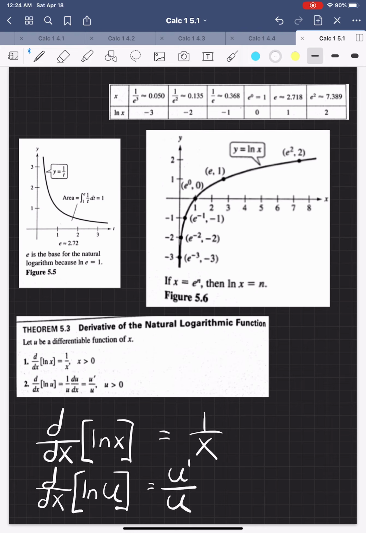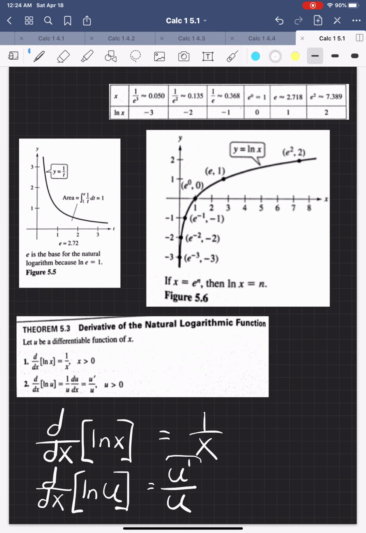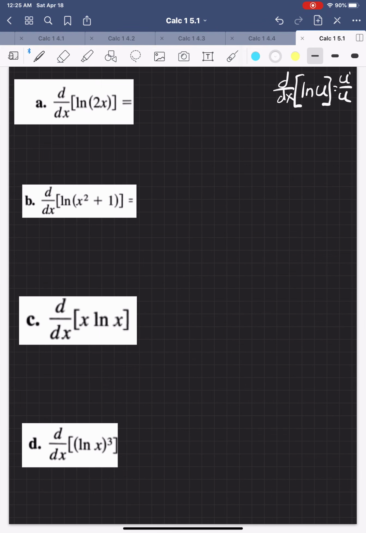I'm telling you, this is so easy. You just need to see an example. So I'm going to write off to the side: the derivative of ln of u is just u prime over u.